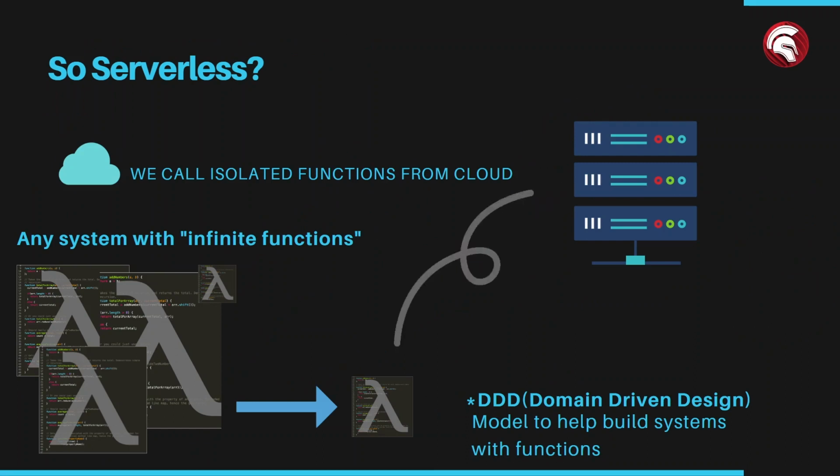We will isolate some functions and put them on separate servers, and call those isolated functions from different points of our application. Not all the source code can be put on FaaS servers, on cloud functions.